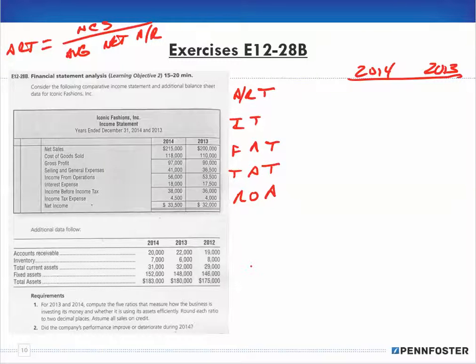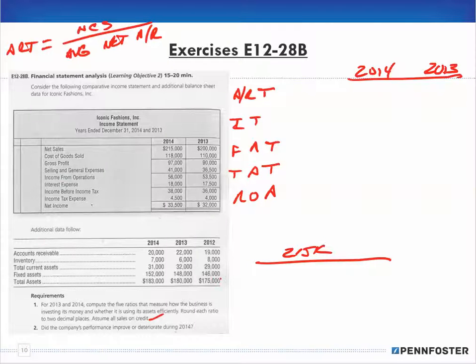So what's our net credit sales? I'm going to do 2014 and then 2013. Remember, all sales are on credit. So we're talking about 215,000, and this is going to be over our average net accounts receivable.